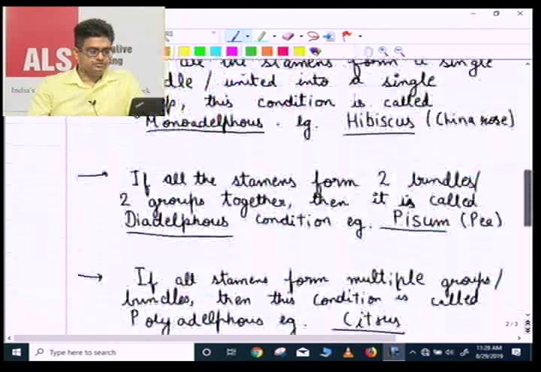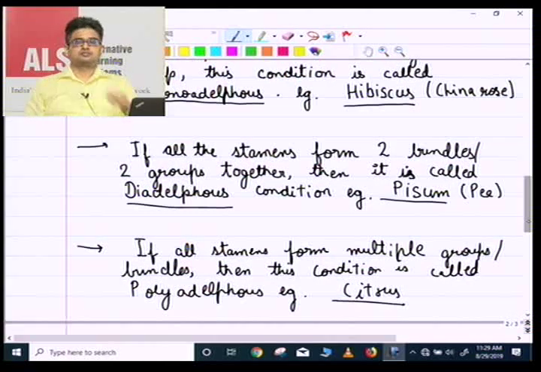Okay, this is done. There is another condition that we study in detail in class 12. It is called difference in the length of stamen and difference in the cohesion of stamens.